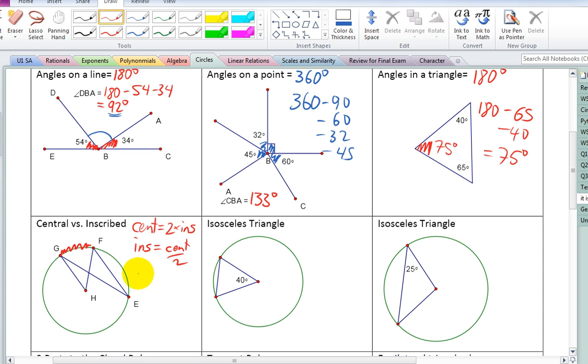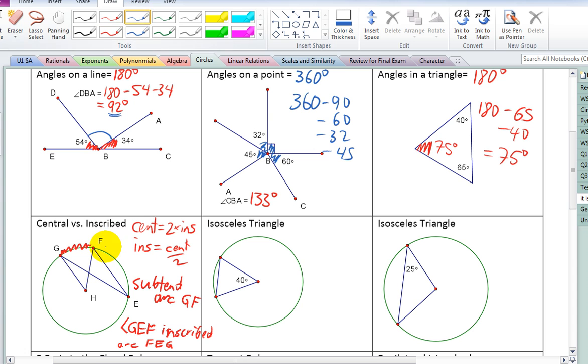Okay. So they subtend, or stand on, GF. And we can say angle GEF is inscribed in arc FEG.